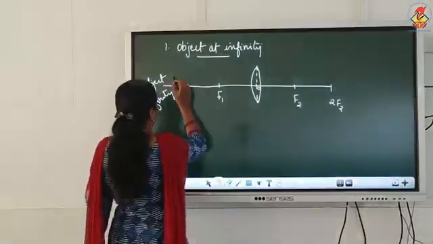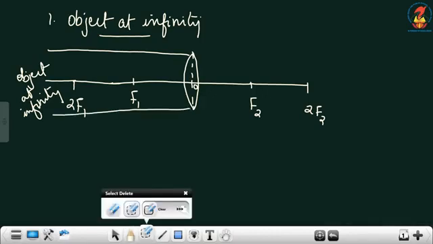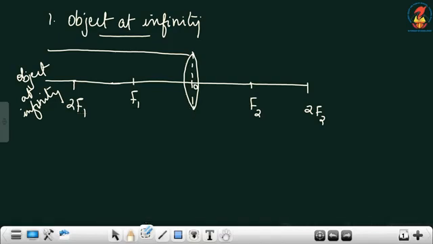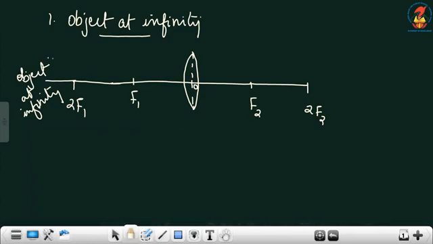So we will draw a light ray parallel to the principal axis.